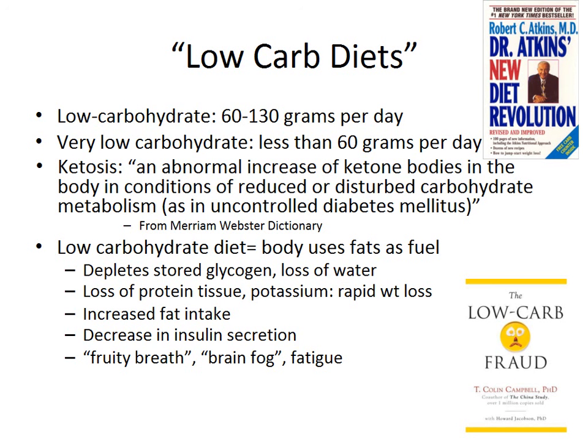It does make your body a little acidotic, a little higher acid. You can lose some protein tissue and some potassium. You can lose some muscle mass. And you can have some side effects such as fatigue and brain fog and a fruity breath or a different body odor from the low-carb diet.